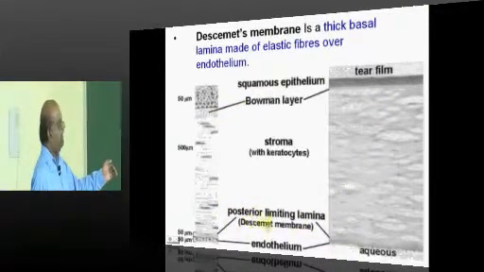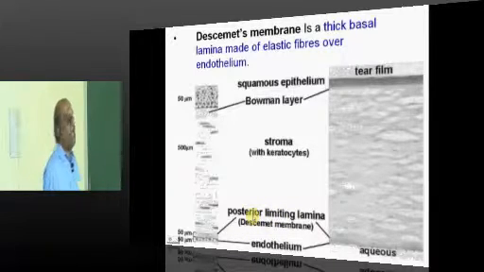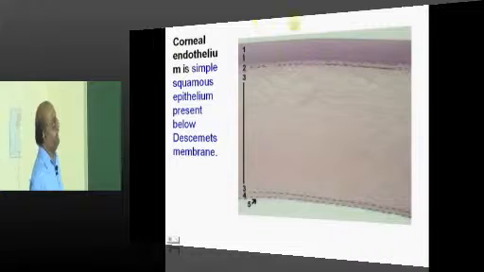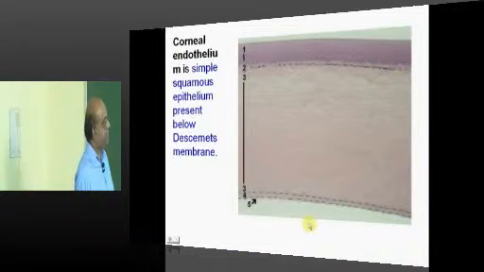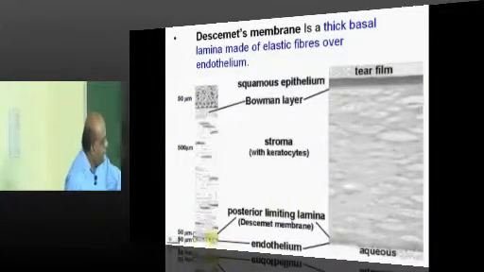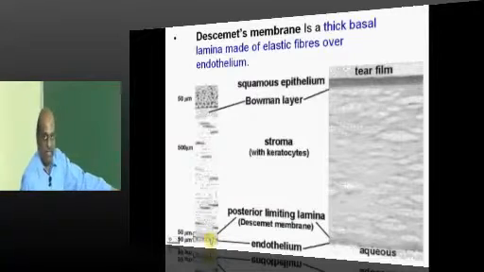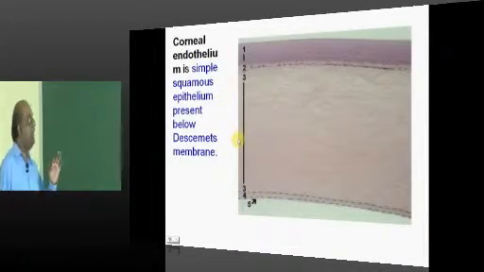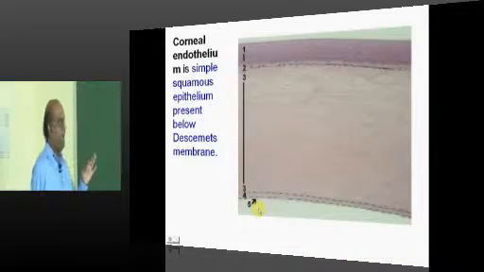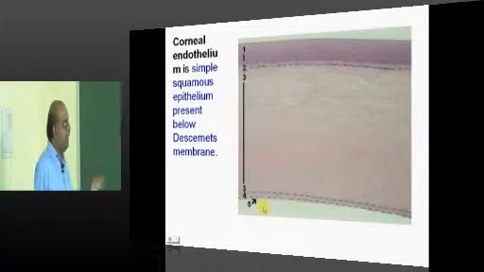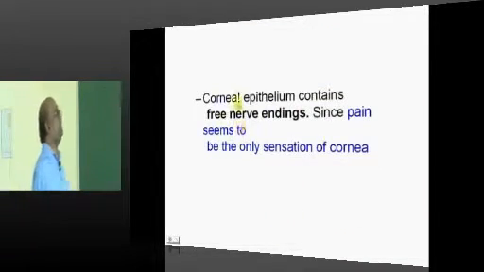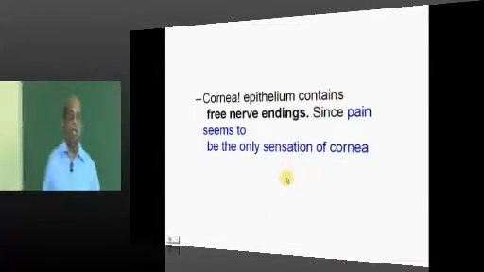The Descemet's membrane, which is made up of the elastic fibers, basically stays above the level of the endothelium. Now the question comes, what kind of endothelium layer it is in the case of the cornea? The corneal endothelium is fundamentally a simple squamous epithelium which is present below the Descemet's membrane, is what you have to ultimately remember.